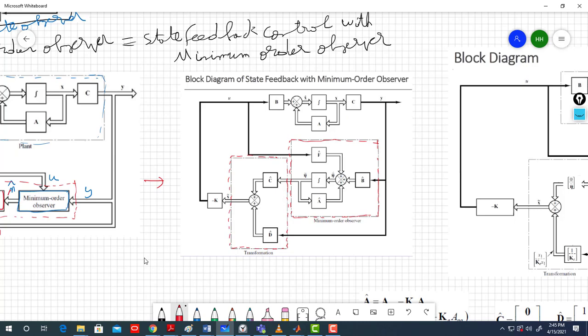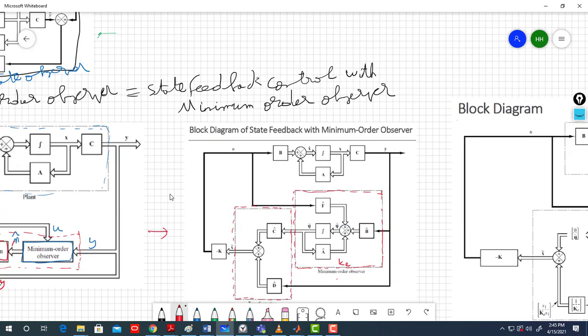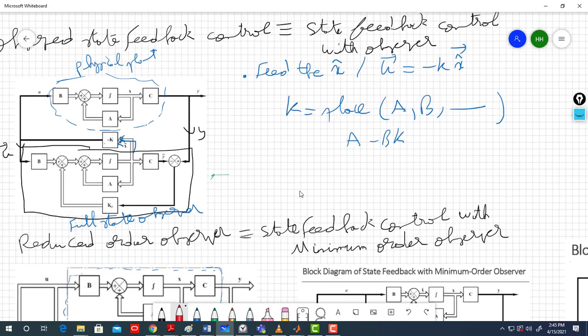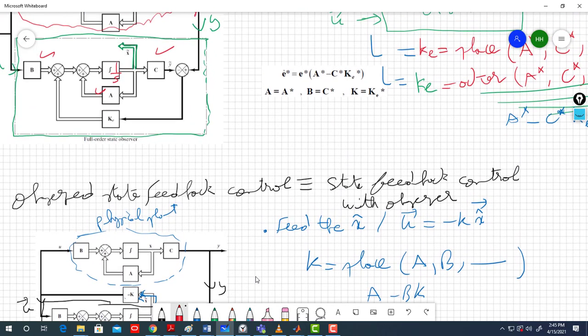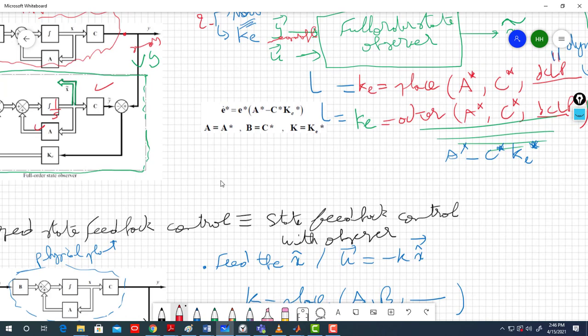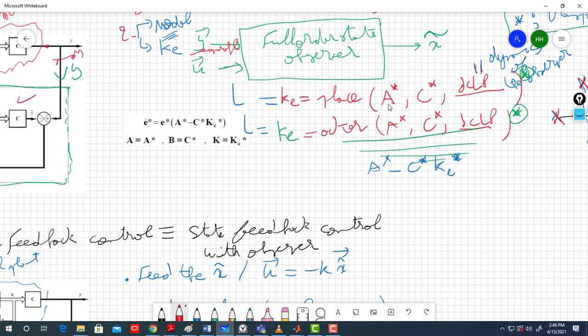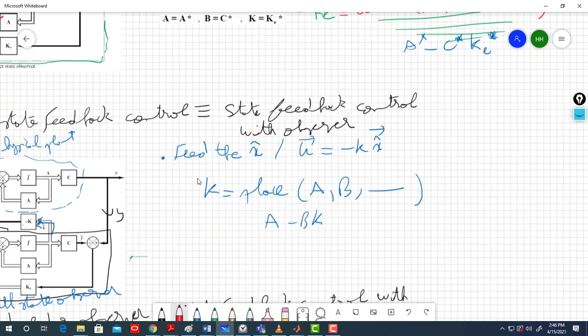Okay, A hat, B hat, and F hat are actually a function of KE. KE is a gain that we used to compute the minimum order observer, as we did previously in finding KE. And KE was the gain used to compute the full order state observer, A star, C star, and the closed loop dynamics of the state observer.